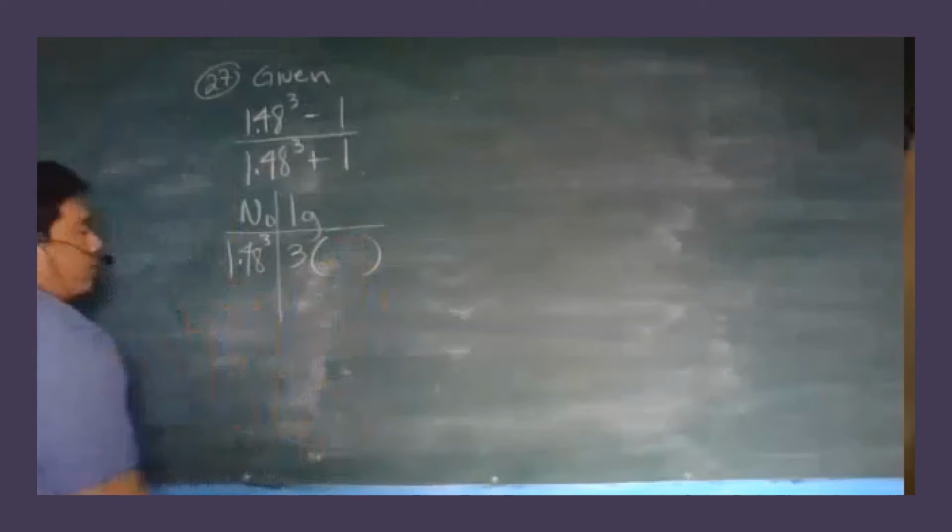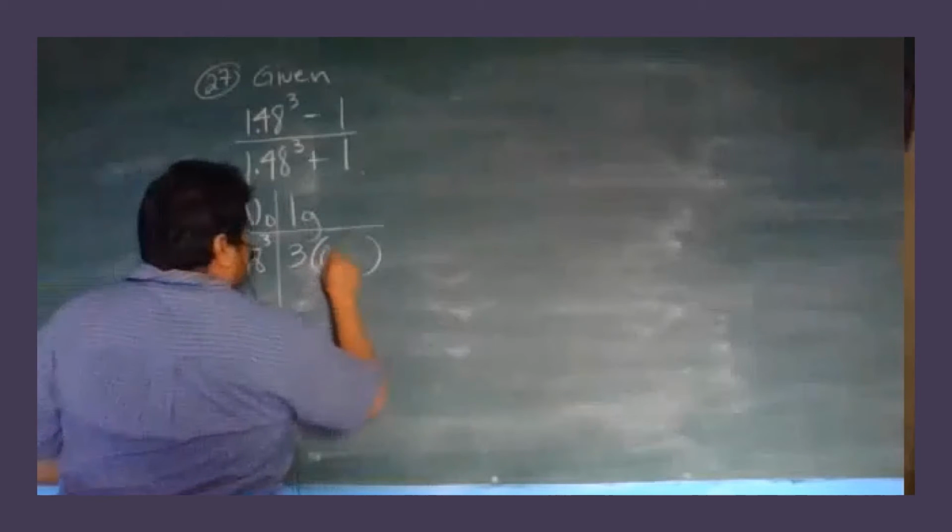So 1.48 cubed means 3 times whatever the log of this is. So 1.48 is like saying 1.48 times 10 to the 0. So I'll put the 0 there.